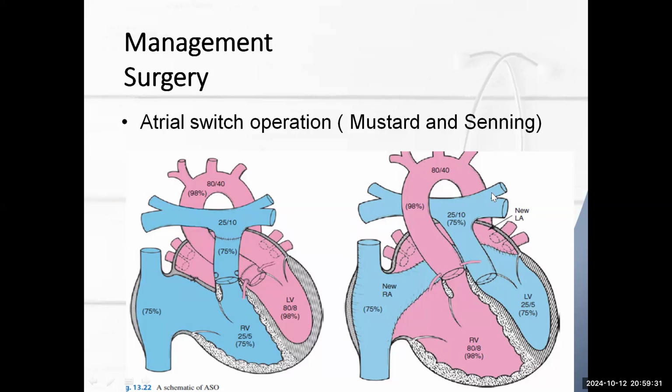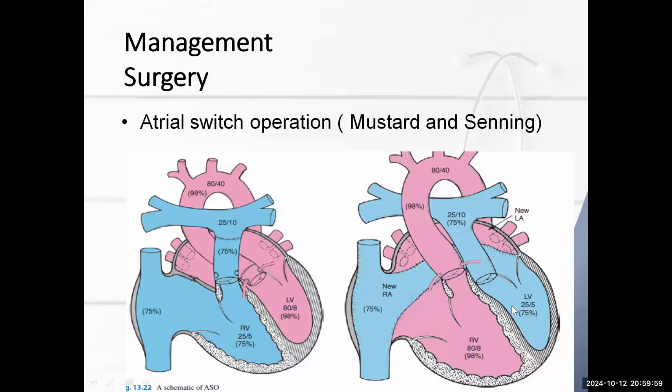So the blue blood will go to the pulmonary artery and to the lung, will be oxygenated and returned back as saturated blood to the pulmonary veins, and through the pulmonary venous tunnel to the RV and then to the aorta. So we'll have nearly normal circulation, okay? The blue blood will go to the lung through the pulmonary artery, and the red blood will go to the aorta.